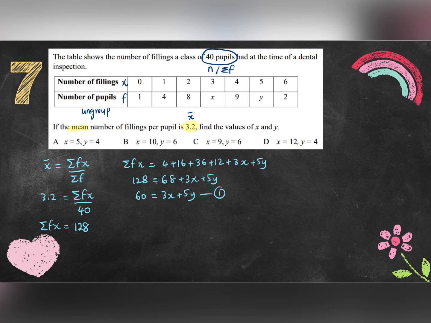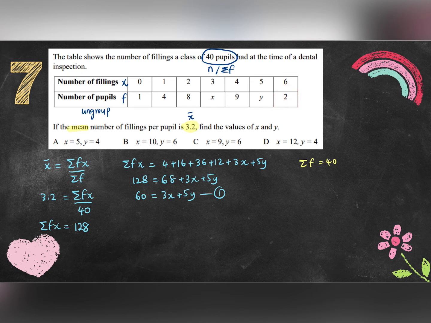Okay, the second equation datang daripada kita cari total frequency ini bersamaan dengan 40. That means summation of F kita tahu adalah 40. So, tambahkan 1 tambah 4, 5 tambah 8 tambah 9 tambah 2.